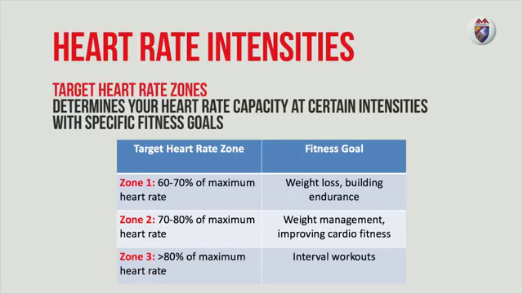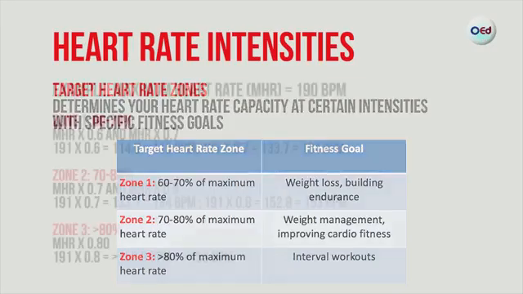Zone 1 is for weight loss and endurance building, with your target heart rate of reaching 60 to 70% of your maximum heart rate. Zone 2 is at 70 to 80% of your maximum heart rate, aimed at weight maintenance and still improving your cardio fitness. And lastly, Zone 3 is where your maximum heart rate is aimed at a percentage greater than 80%. When you are in this zone, you are performing very heavy activities and interval workouts.